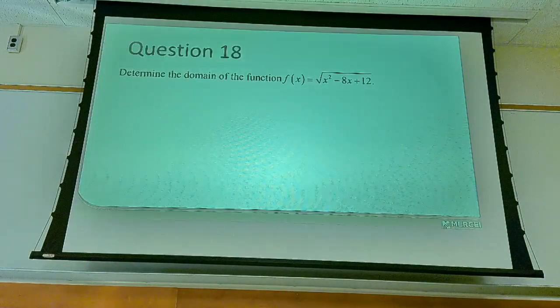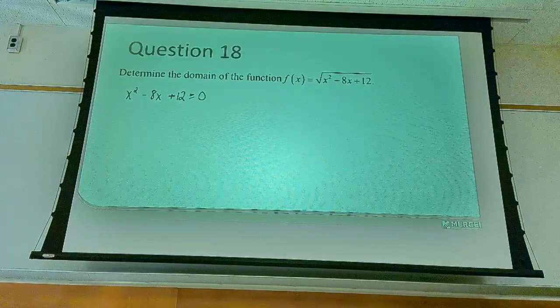No denominator, you don't have to worry about that. Do have a radical. Index is once again even. What we're taking the square root of has to be non-negative.